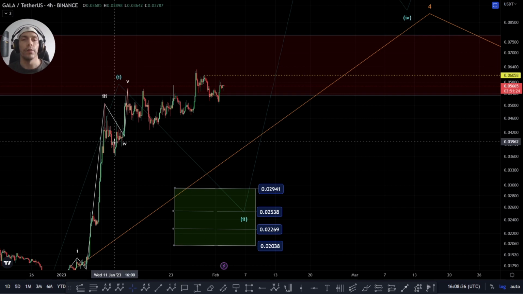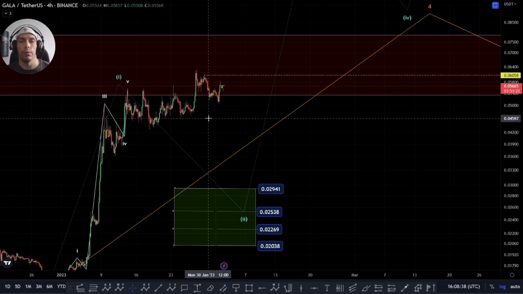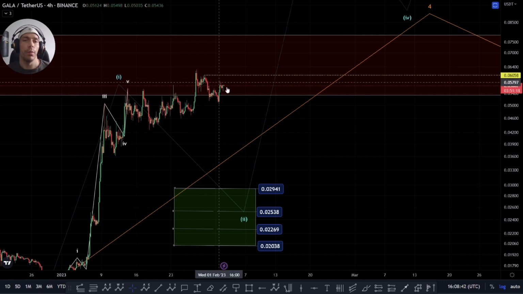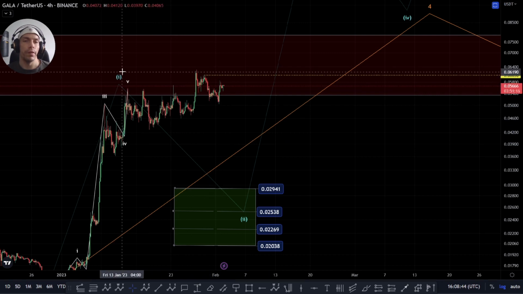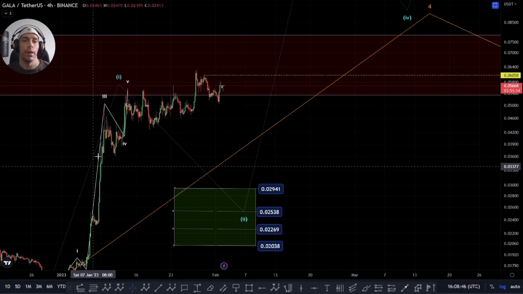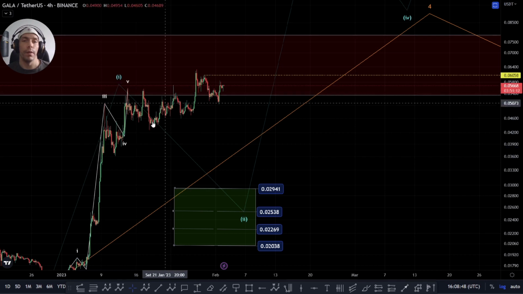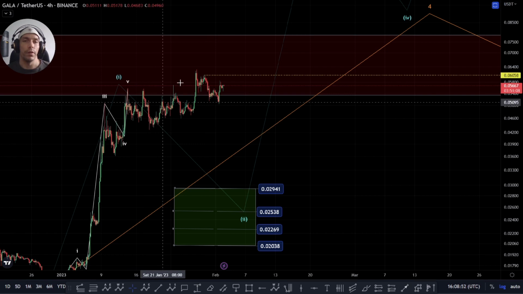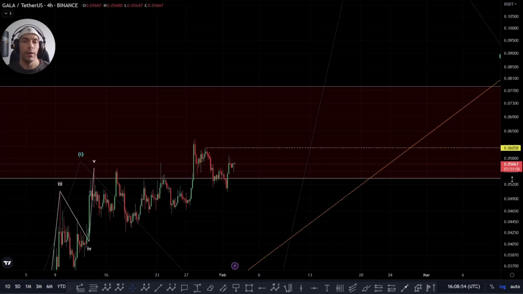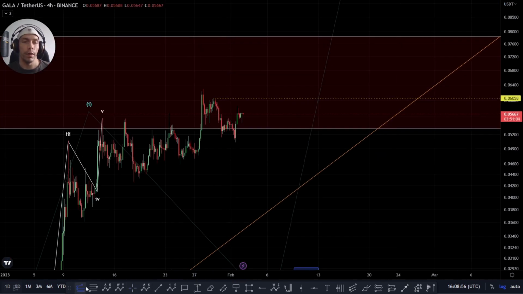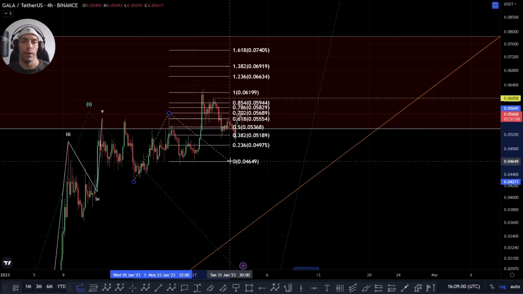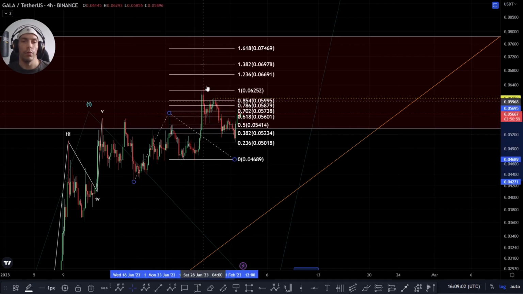It really depends on whether we manage to hold this wave 2 low here and whether we form the right structure to the upside. Otherwise, we'll have to reevaluate this, and potentially maybe we have some extension going on here. It wouldn't really make sense to me unless we're going to argue that we have something like this as a 1, 1, 2, 1, 2 and then actually break to the upside.